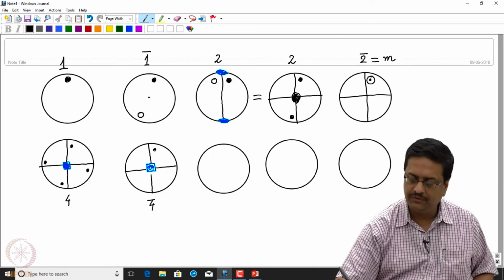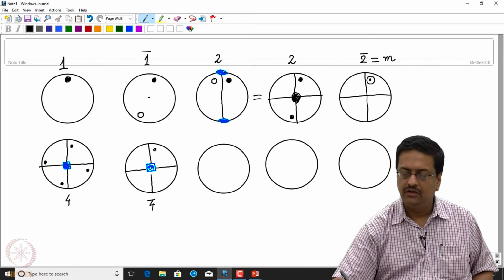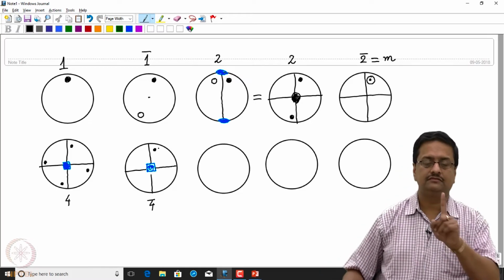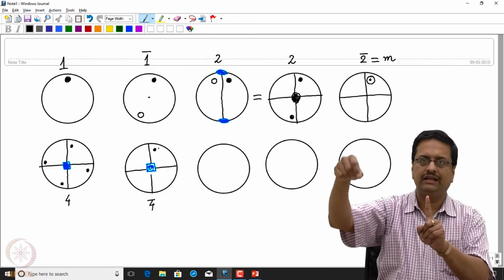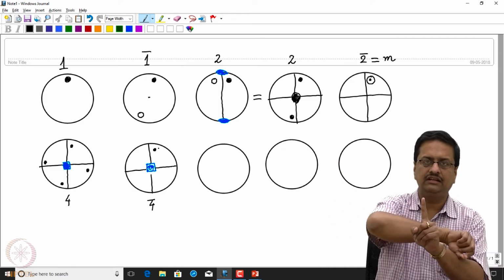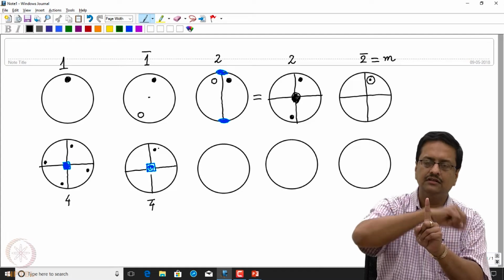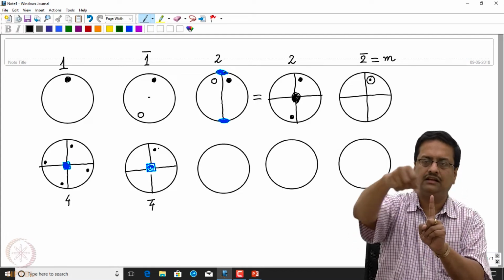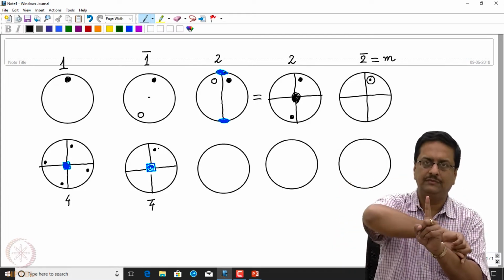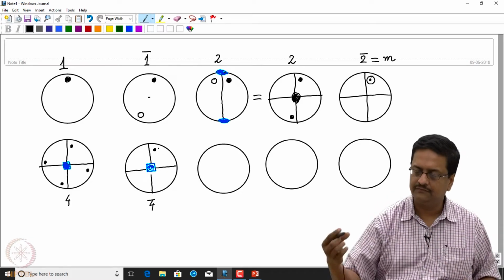When you have this open closed circle, what you do is rotate by 90 degree and simultaneously invert. So, it comes to the lower hemisphere. So, the closed circle after one round of 4 bar becomes open circle in the opposite side.